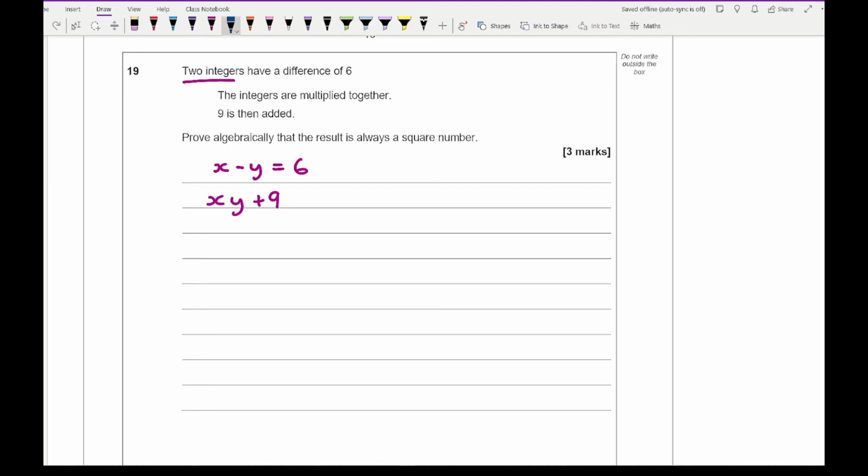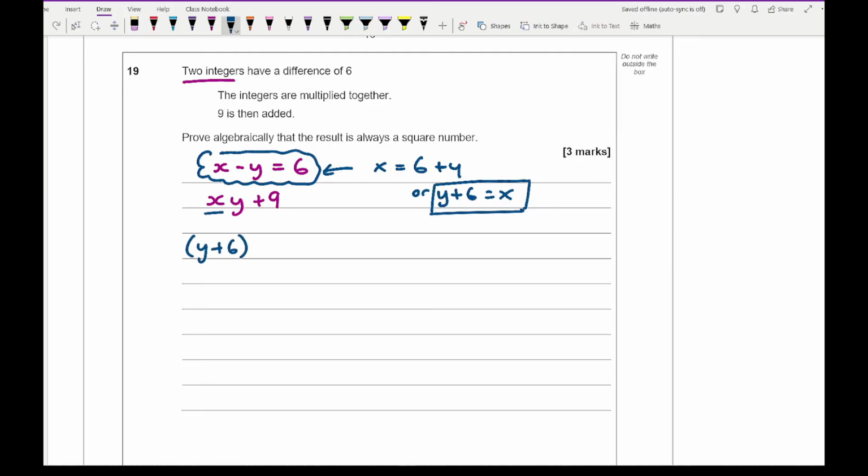For this, I first take this and rearrange it, so if we make x the subject, what I end up with is 6 plus y, or I could write it as y plus 6. So that's what x equals. Now, if I substitute x for that expression, what I end up with is y plus 6 multiplied by y, plus 9.